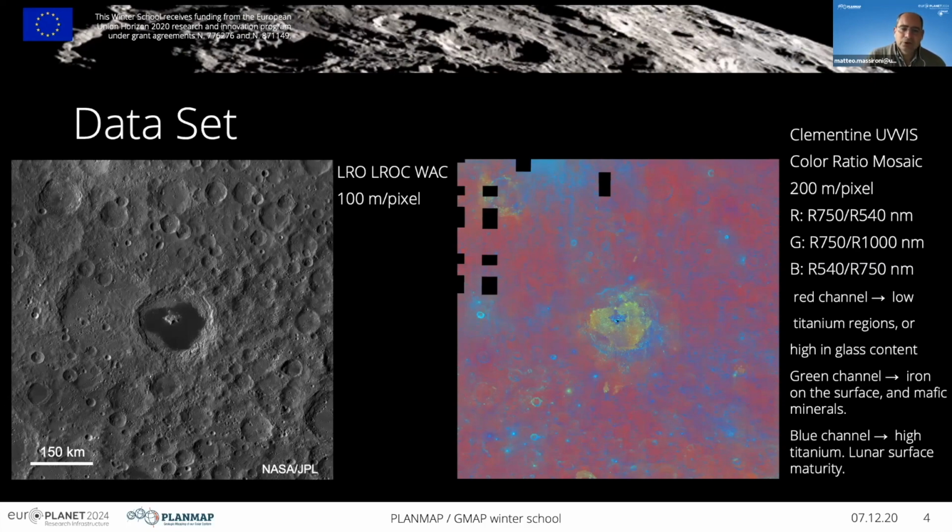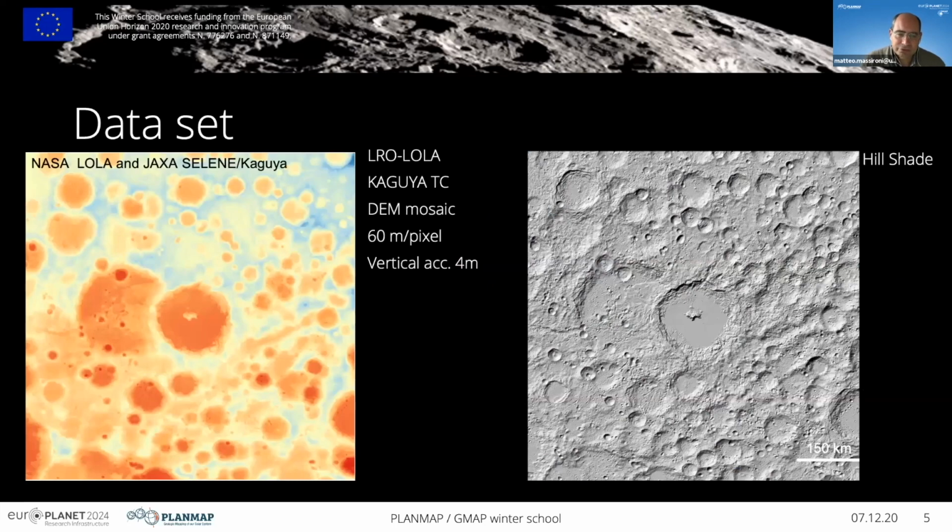However, the morphologies can be constrained and understood even using DTMs, the digital elevation models or digital terrain models. These are images on which each pixel is defined by its position, obviously, and by the elevation.